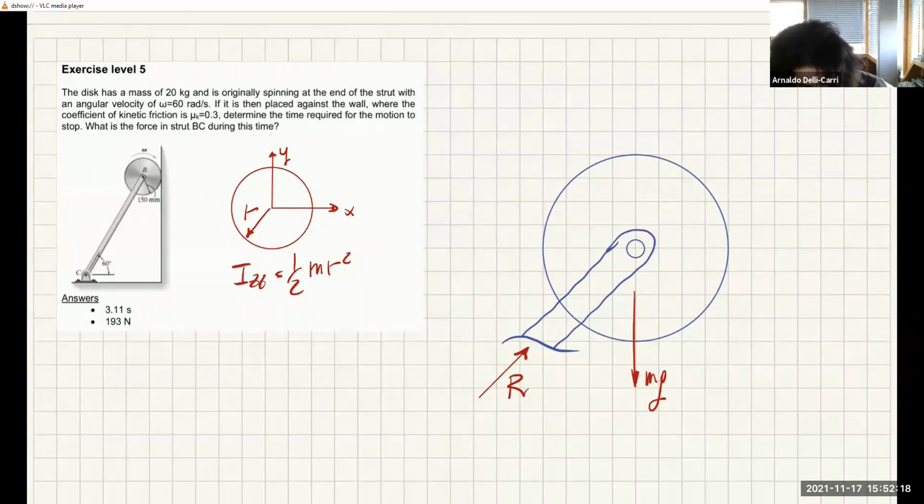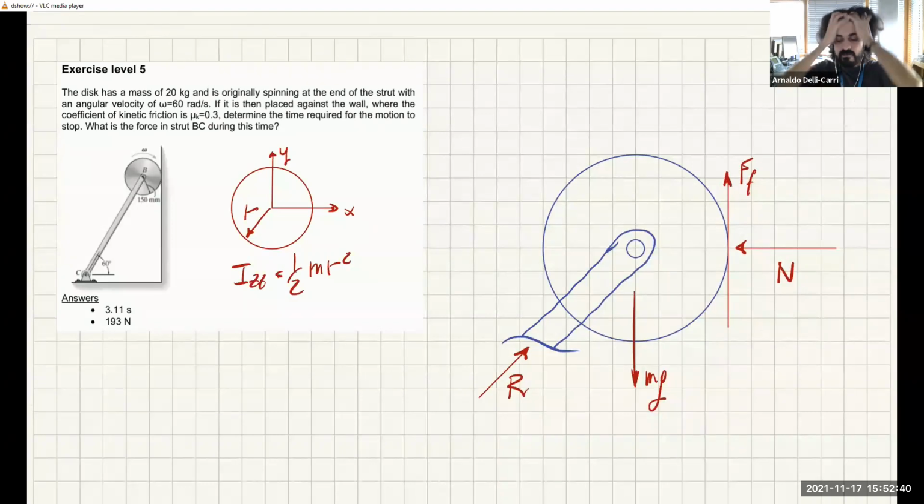And finally, we have some friction coefficient here. So we have rough contact against the wall. Rough contact means that you have a normal force on the wall, and then you have a friction force here, FF. These are all the forces acting on this disk.